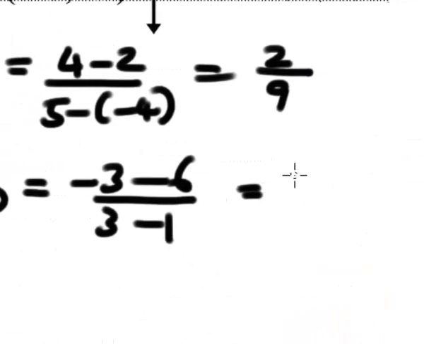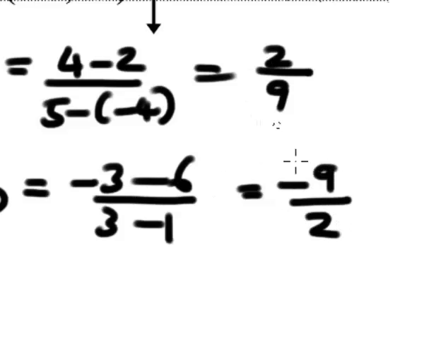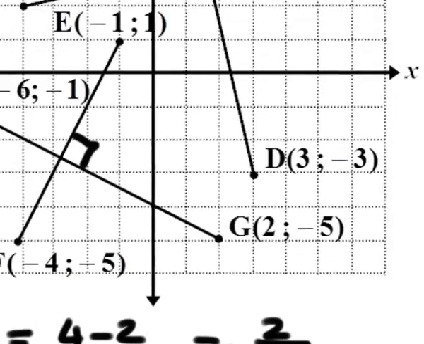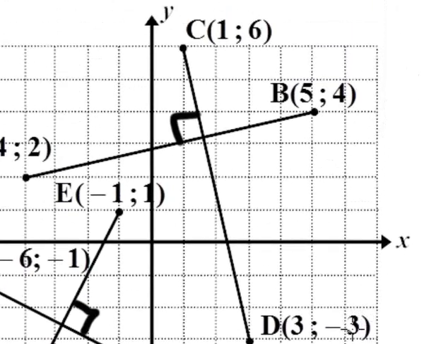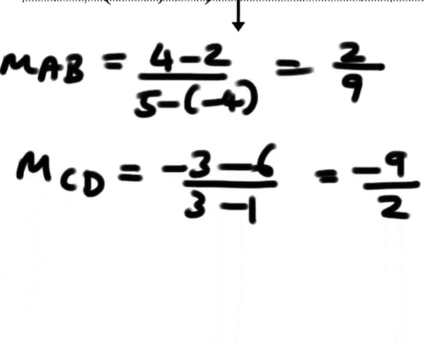So what's that? That's going to give you negative 9 over 2. They're not really equal. Let's check the gradient of CD again. It's negative 3 minus that, divided by 3 minus 1, giving you the gradient of CD.